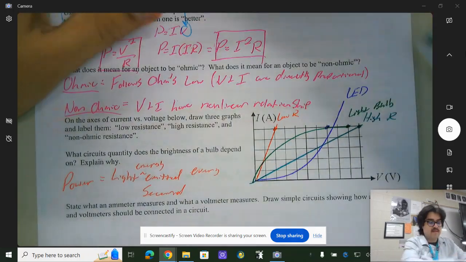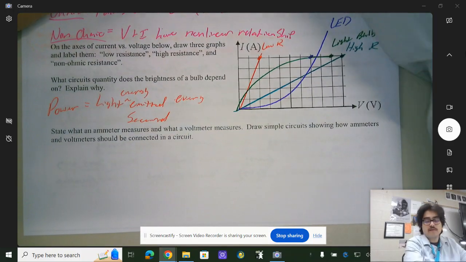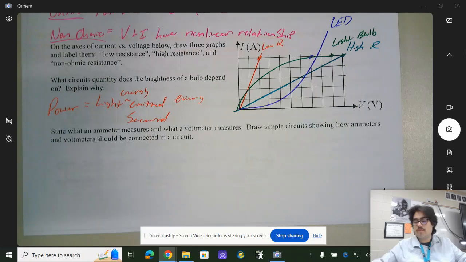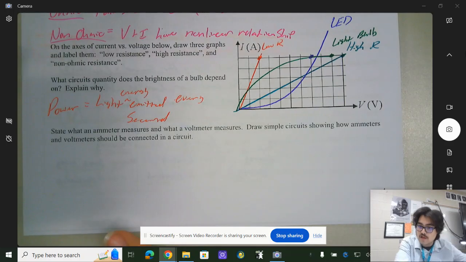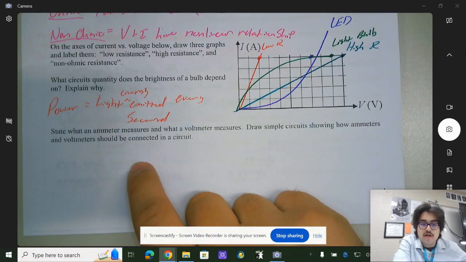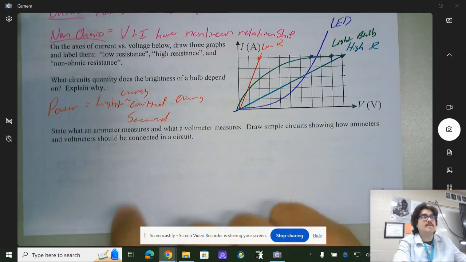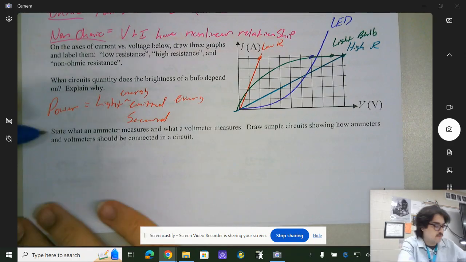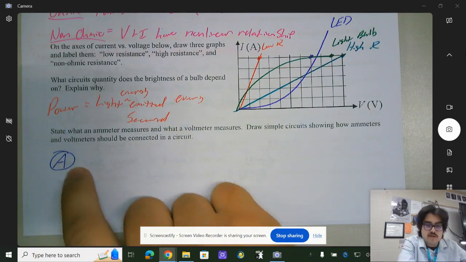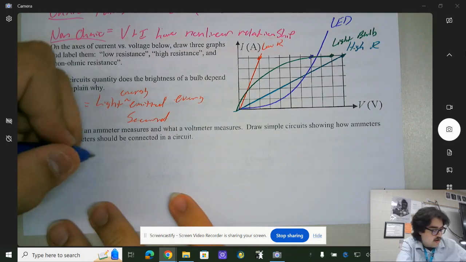Now, when we look at ammeters and voltmeters, it's very important to note that they need to be hooked up in certain ways. When you did the Ohm's Law lab, you saw that an ammeter needed to be integrated into the circuit, whereas a voltmeter was a lot easier to handle because it didn't need to be integrated into it. So ammeters, which are denoted with an A in a circle, are in series.